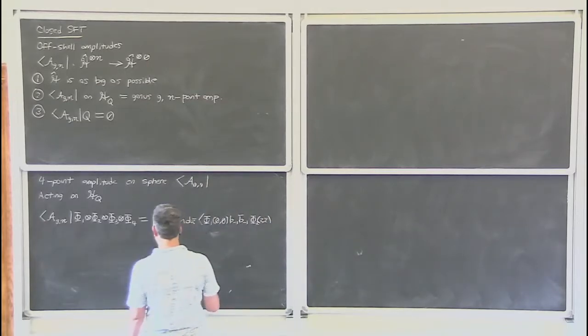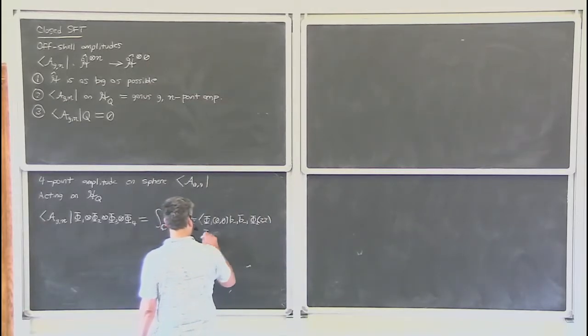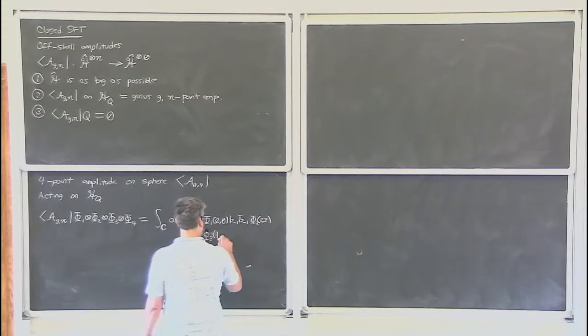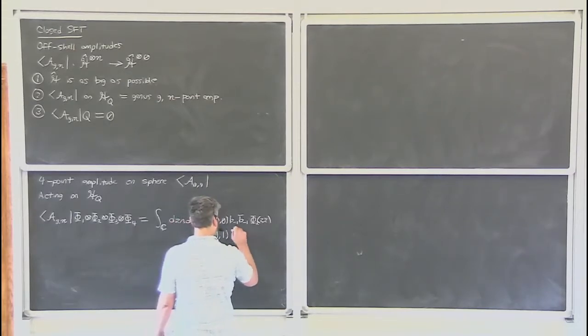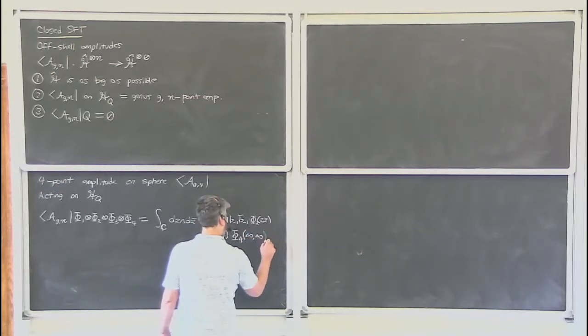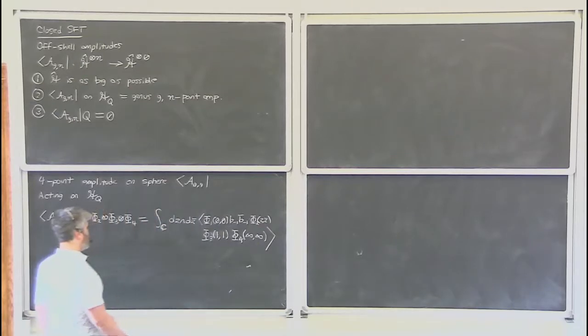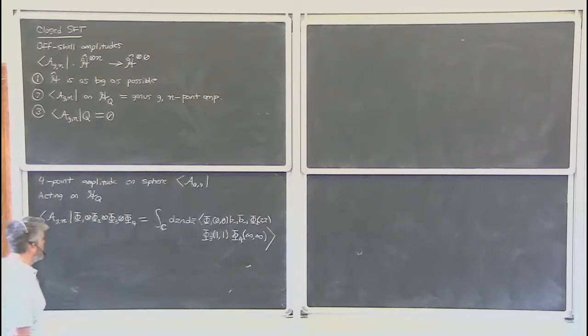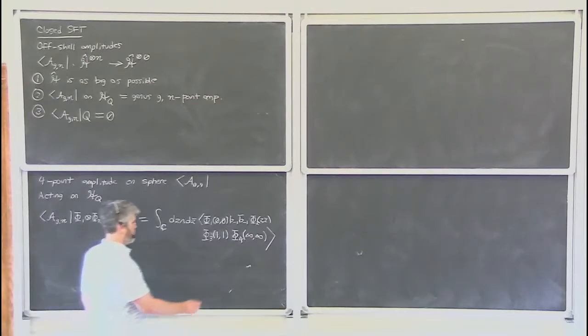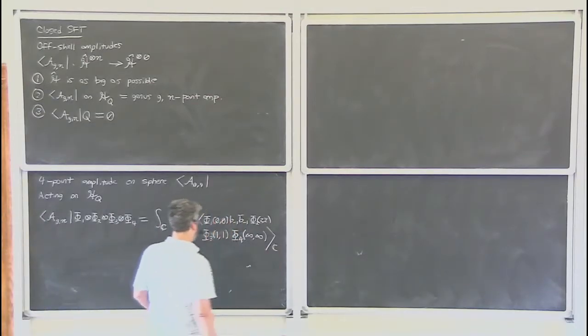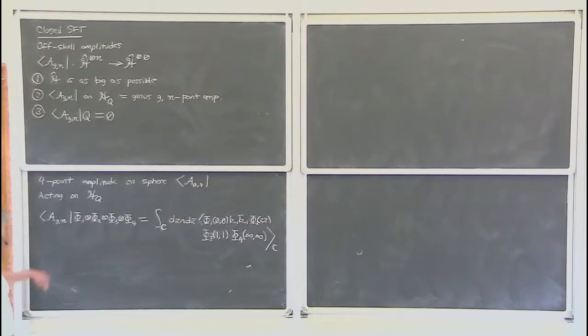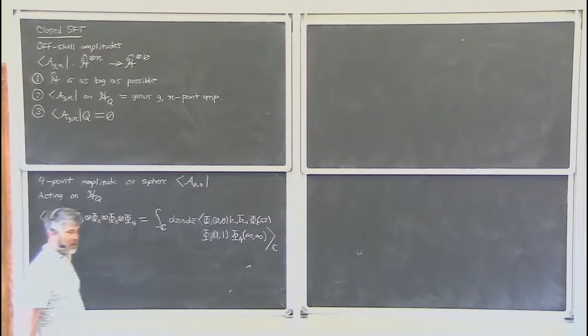So this is the usual expression for the on-shell 4-point amplitude on a sphere. This is a correlation function on the complex plane, and using SL(2,C) invariance, we've inserted three of these vertex operators, of these states, at their conventional positions.